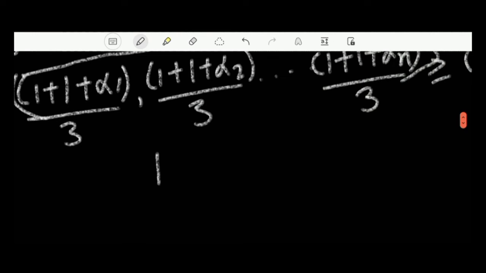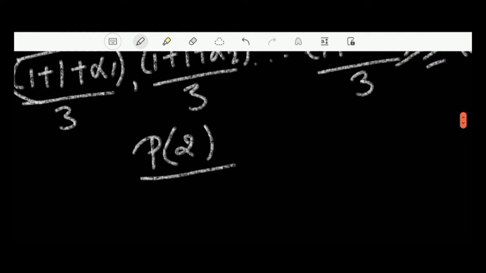So we can simply write that p of 2 divided by 3 multiplied by 3 multiplied by 3, n times. So we can say this is our 3 raised to the power n.